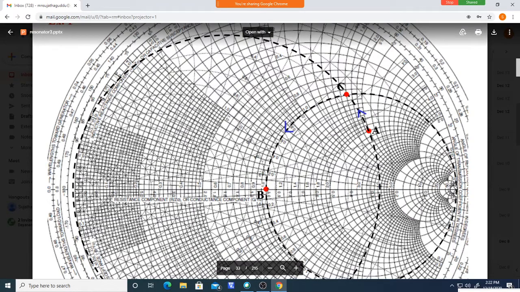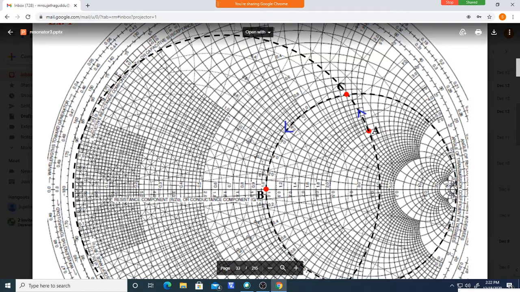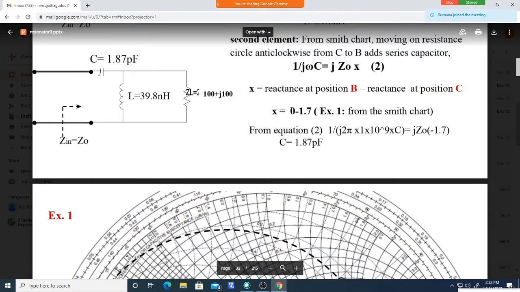This is the final position at B. What is the reactance here? You should see the reactance circle passing through this point. It is the zero circle. X is equal to 0 here. So at B it is 0.